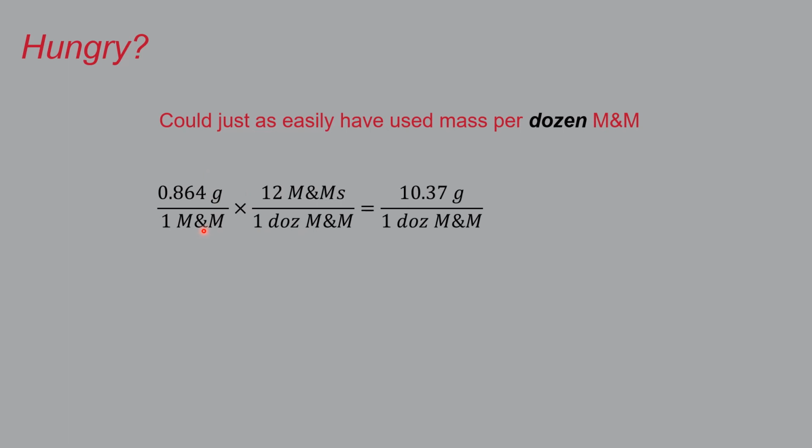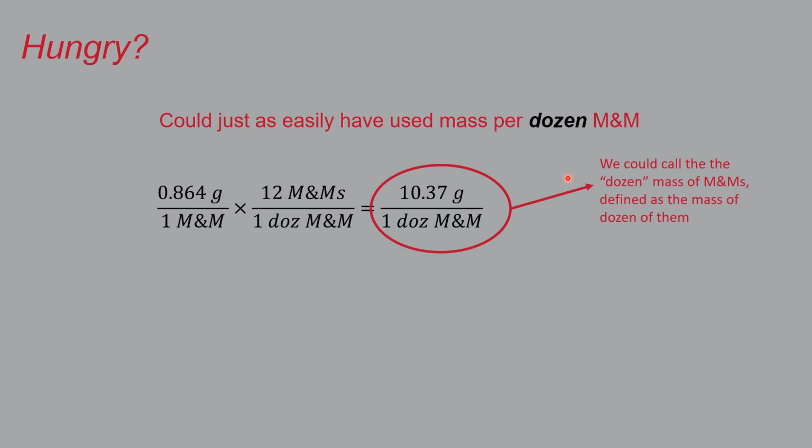Again, get used to this problem-solving scheme. Starting point: 0.864 grams for 1 M&M. Conversion factor: there are 12 M&Ms in a dozen M&Ms. That means that a dozen M&Ms reliably have a mass of 10.37 grams.